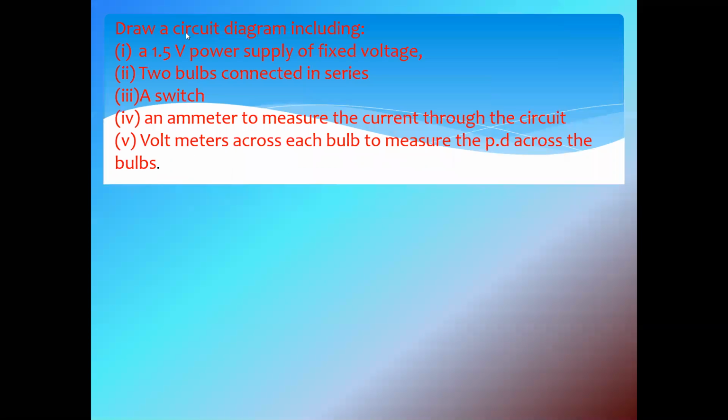For example, draw a circuit diagram: a 1.5 volt power supply, two bulbs connected in series, a switch, an ammeter to measure the current through the circuit, and a voltmeter across each bulb to measure the potential difference. You can use the screen annotation to draw this circuit.